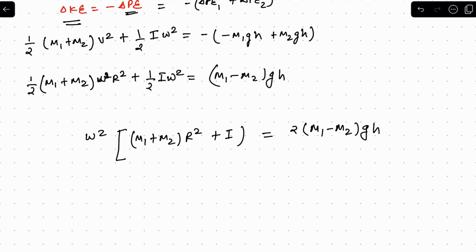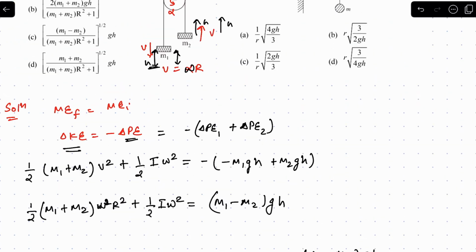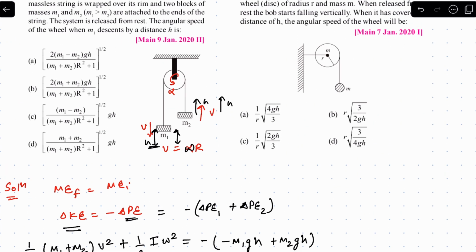So omega becomes the root of 2 m1 minus m2 gh divided by m1 plus m2 r square plus I. This is the omega, so we get the first option correct.